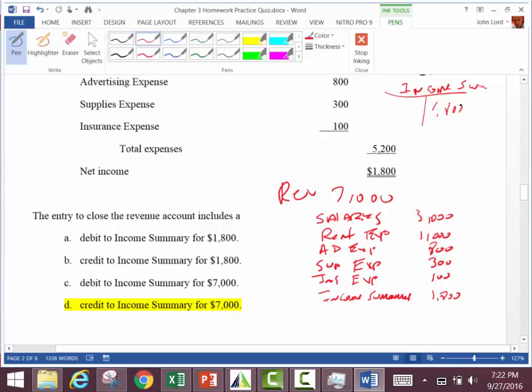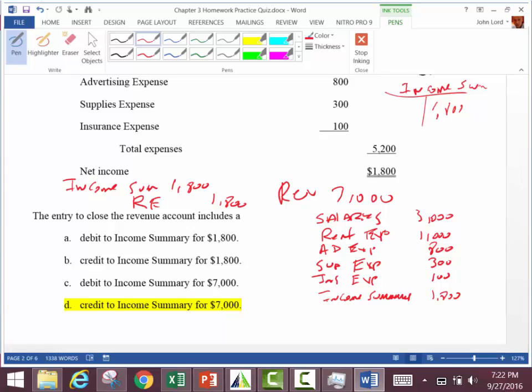But I want it to be 0 by the end of the year, so I'm going to debit income summary for 1,800, and what am I going to credit? Credit retained earnings, because I have some earnings and I want to retain them, don't I? For 1,800. Is that the whole thing? Even though that question didn't ask for that, it just asked for the revenue part of it. Does that answer your question?